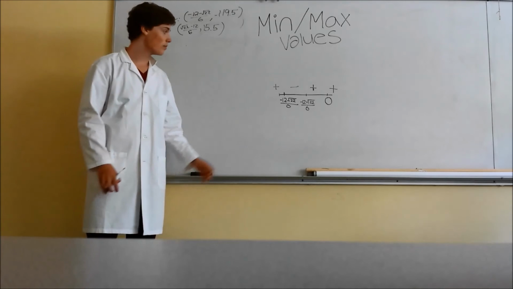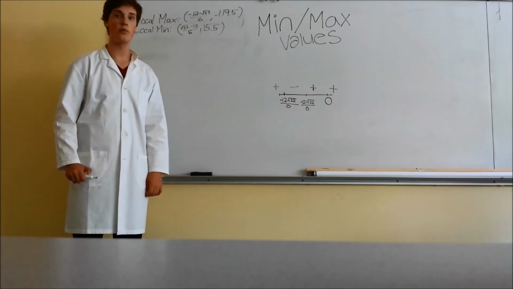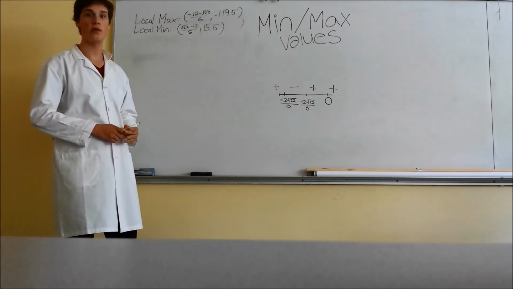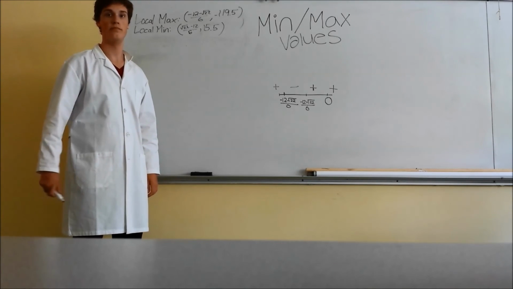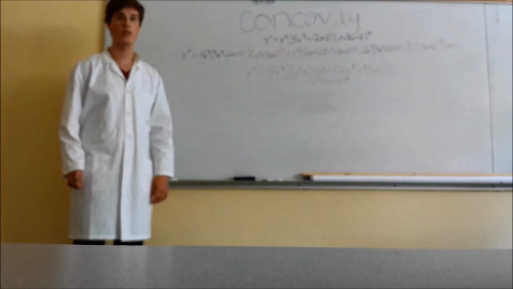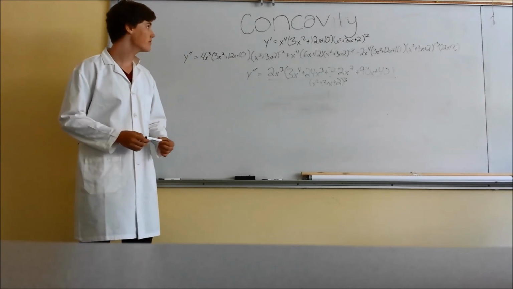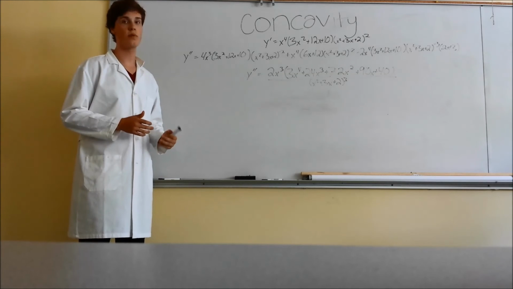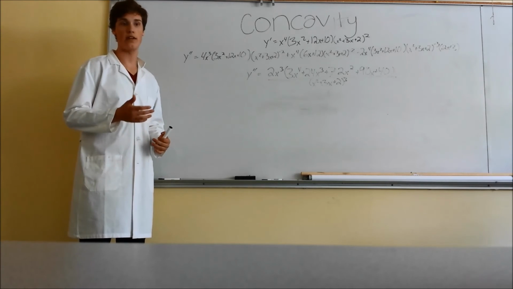So, using our critical points that were placed on the number line just here, we determined that our graph has both a local maximum and a local minimum. Welcome to step 7 of curve sketching, concavity. In this step, we have to determine intervals where concavity is facing up and where it is down.